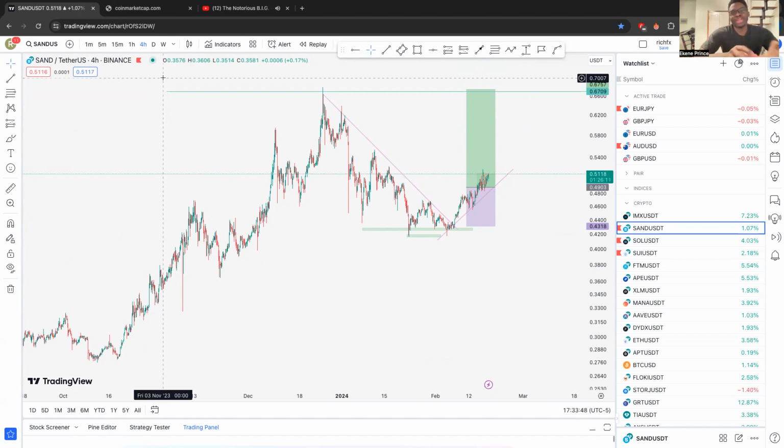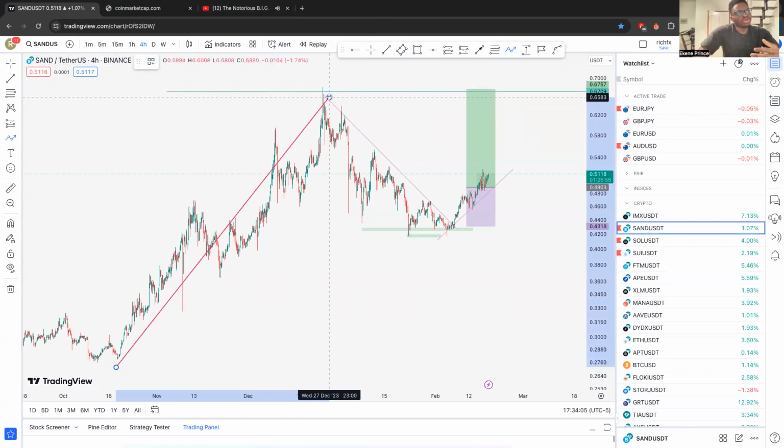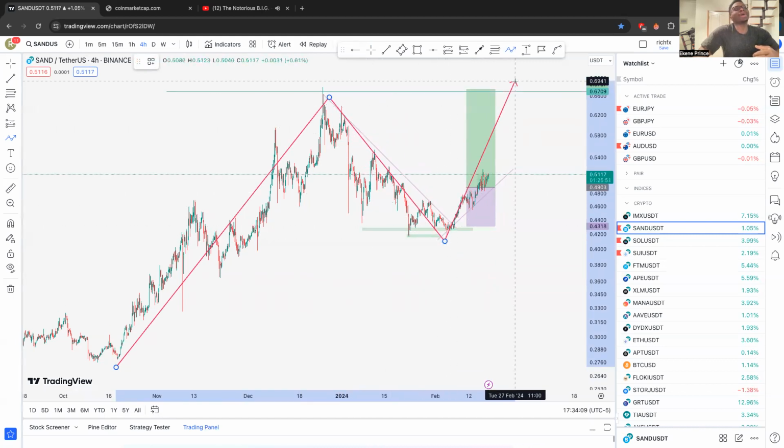We are already in a very mini bullish trend. I'm not saying that this is a bullish market, but what we have been seeing for the past weeks is bullish structures. From this area up to this zone is a bullish up structure, then it corrected, then it's shifting back up to that same zone.